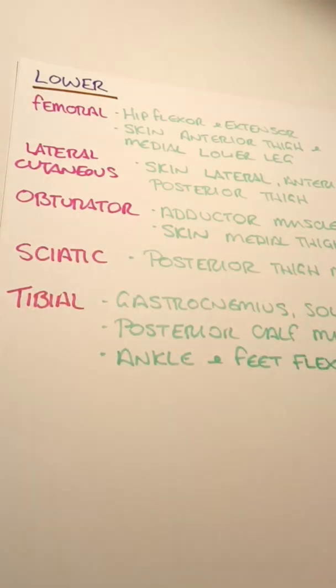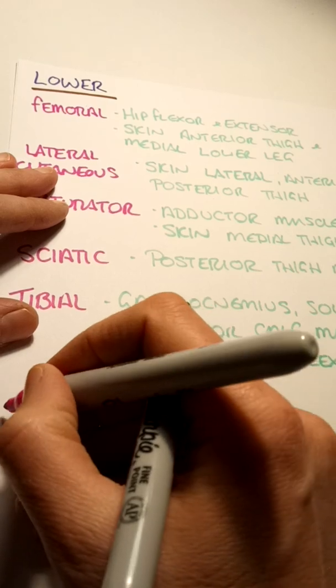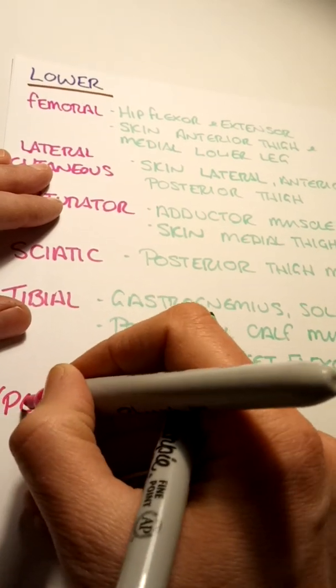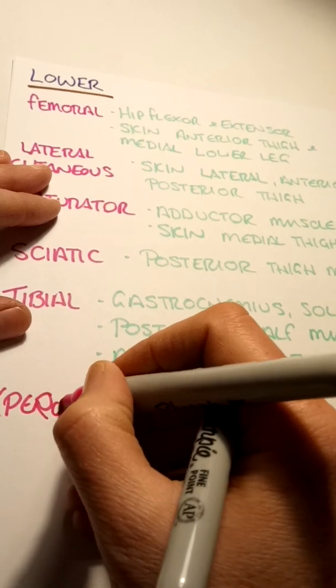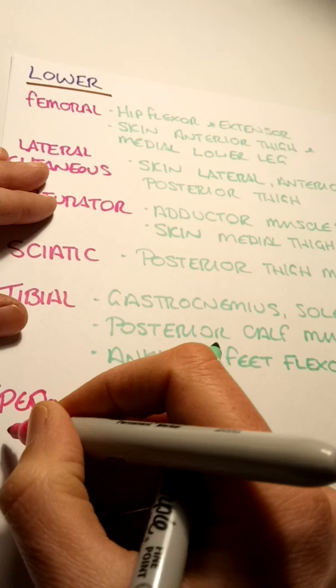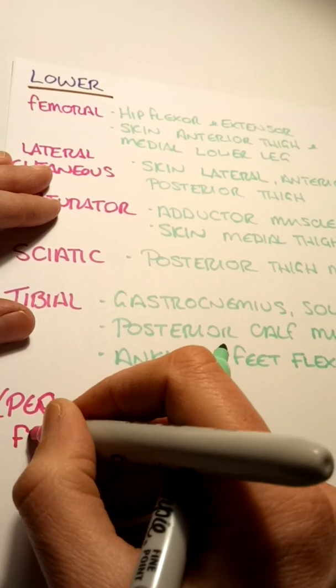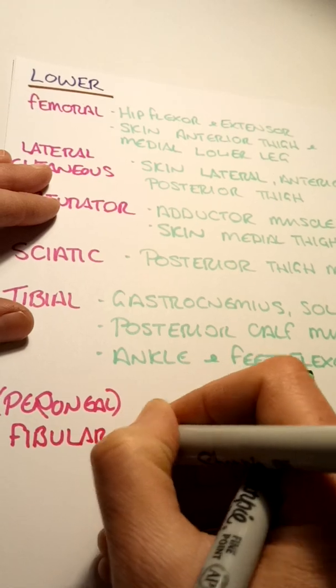Okay, and then the other branch of the sciatic nerve is peroneal, or fibular, easier to remember. Your fibular nerve, right?